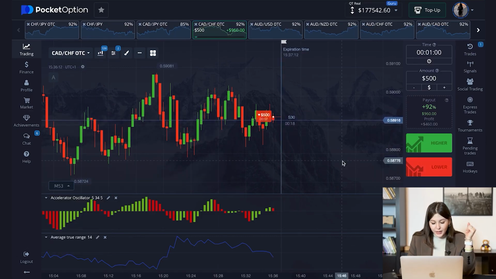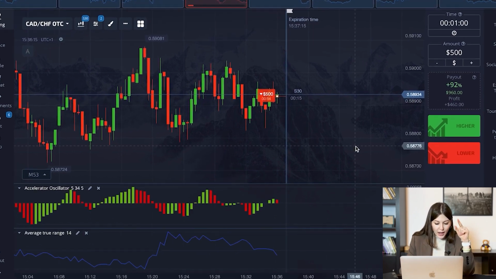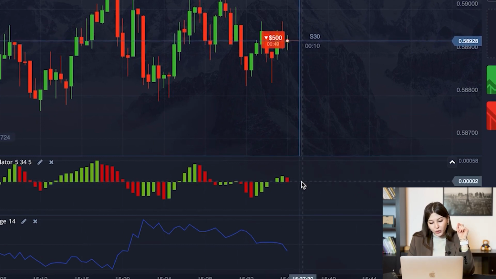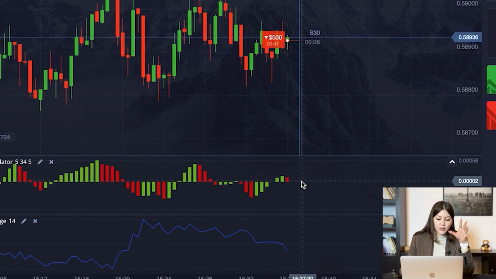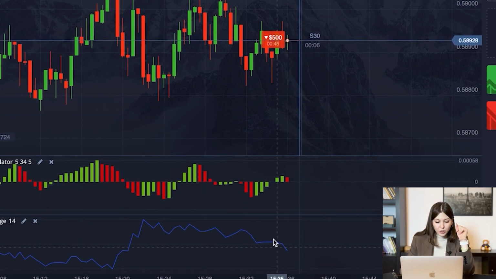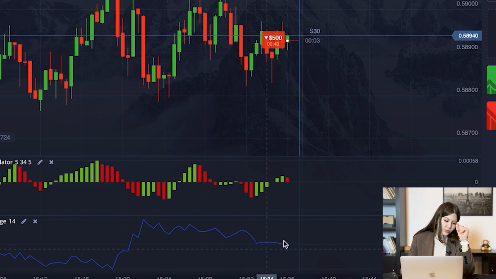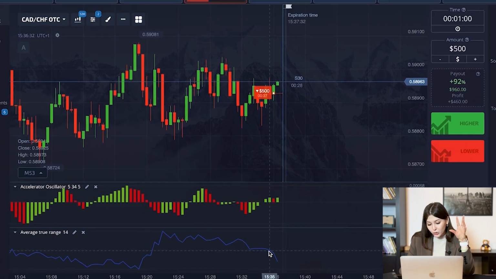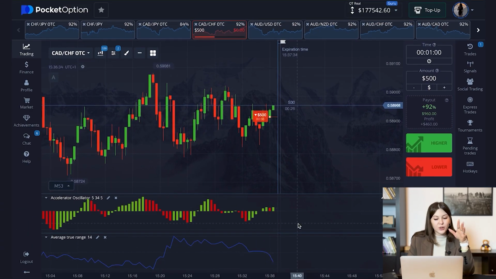So let's find out. We can see that we have this little red candle showing us that we're probably losing the buyers at the moment, and average true range has this curve that is very unpredictable but still can go upwards or downwards, and now it's going upward.